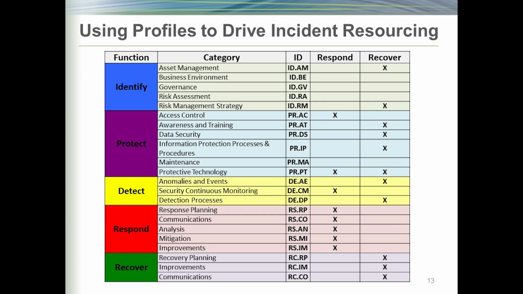Another way to think about profiles, and this gets more into the neck of the woods of business continuity and disaster recovery, is you can think of profiles as also aligning with the state of your operation, right? I'm in normal operation, I'm in respond mode, I'm in recover mode. And your priorities might shift a little bit in those moments.